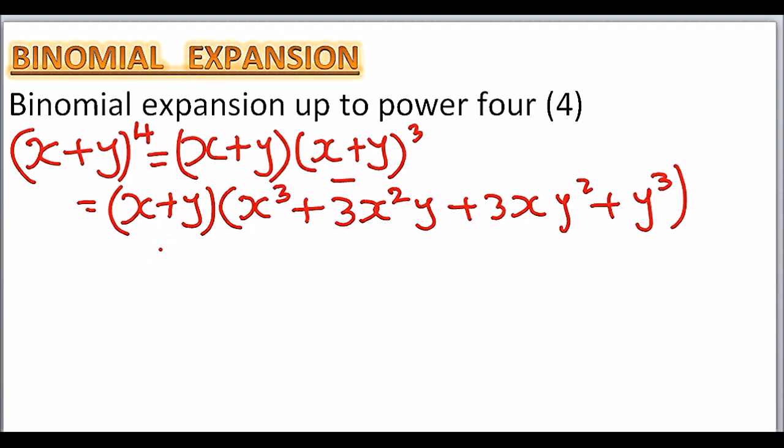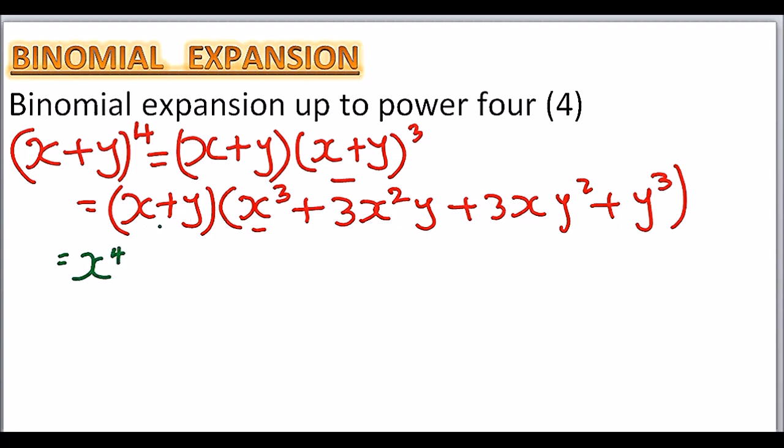So in this case, we need to multiply each and every term here by x. So we multiply x by x to power 3. We will get x to power 4.